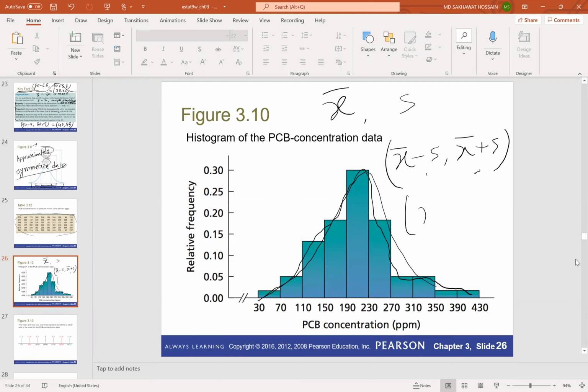Similarly, 95% of the data set will be within 2 standard deviations, and 99.7% of the data set will be within 3 standard deviations. You can check and verify this for this example.